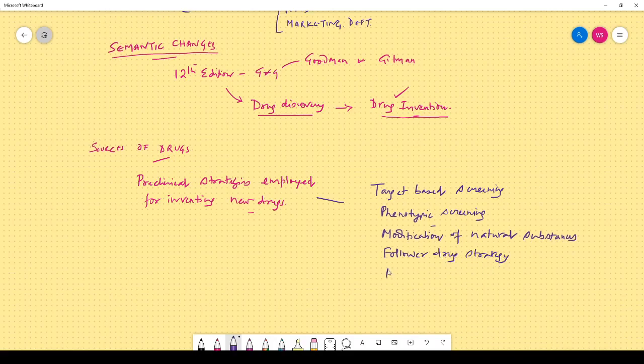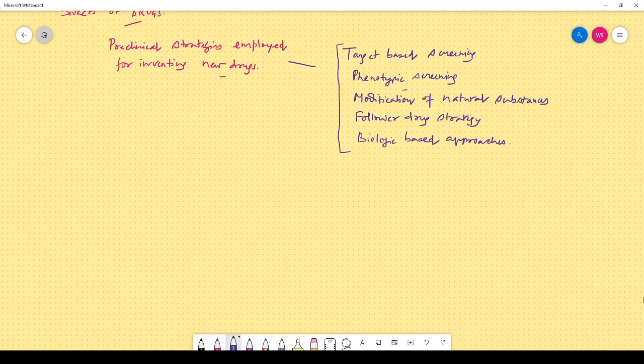Then there are biologic-based approaches. So, target-based screening. Okay, so what is a screen?